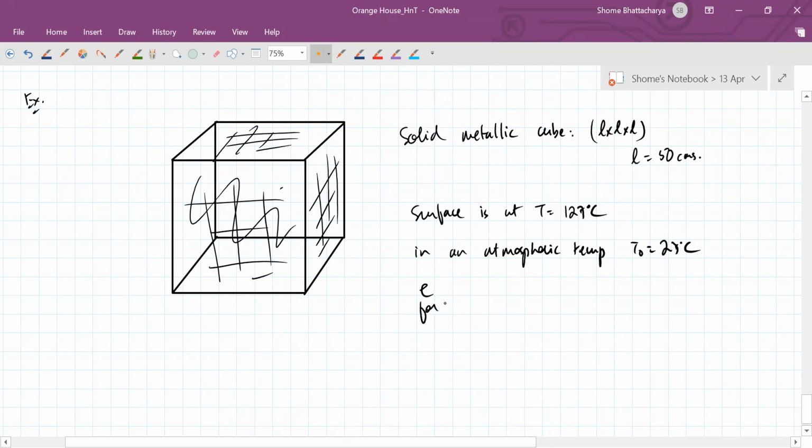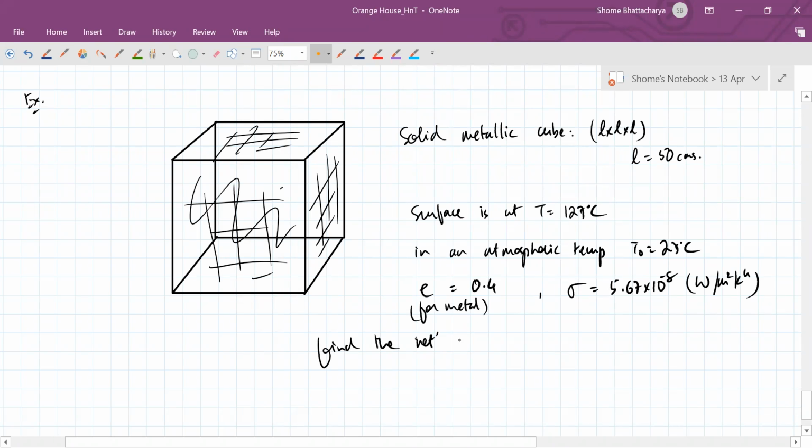Emissivity for the metal is given to us as 0.4 and Stefan's constant is 5.67 into 10 raised to minus 8 watts per meter square Kelvin to the power 4. So you want to find the net rate of heat loss, because we can see temperature of the surface is greater than temperature of the surrounding by radiation.